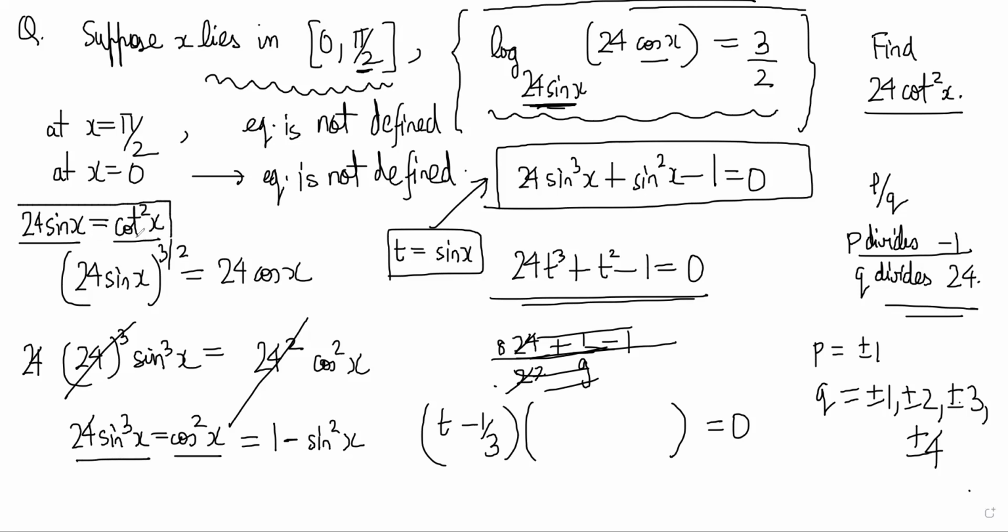And we know sin x is 1 by 3, one possible solution. So you put that, you'll get 8 into 24, right? Yes, 8 into 24. That is one answer, which is 192.